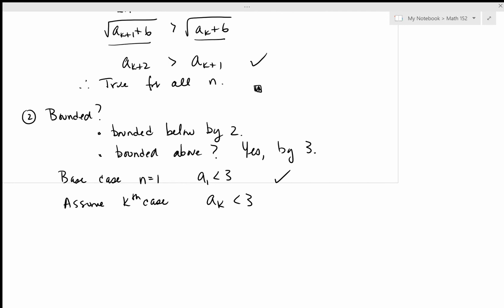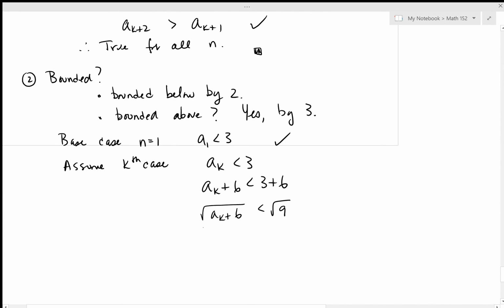Okay, so I now add 6 to both sides here, and then I take the square root on both sides. And then I recognize this here as a_{k+1}, and then that is less than 3.